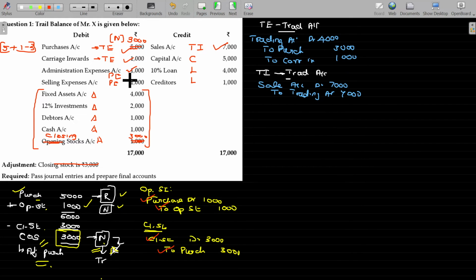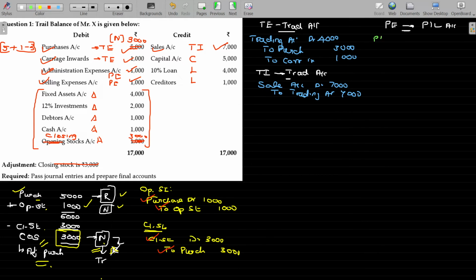Now these two are going to be recorded: administration expenses and selling and distribution expenses. This is nothing but profit and loss expenses, expenses related to the profit and loss account, transferable to the profit and loss account. These two are expenses, debit balances that can be cancelled by crediting, and they are transferred to the P&L account. So I am going to debit the P&L account.